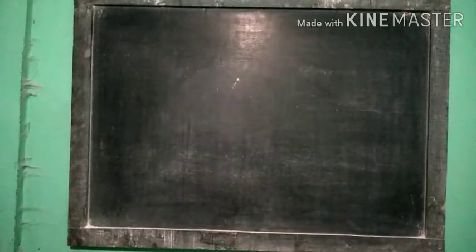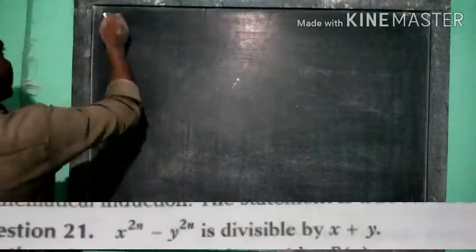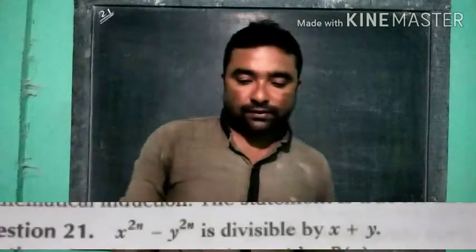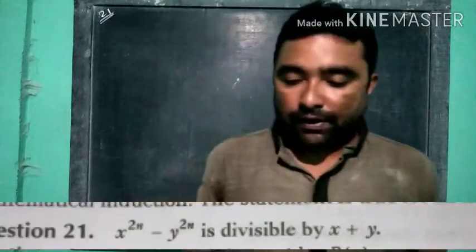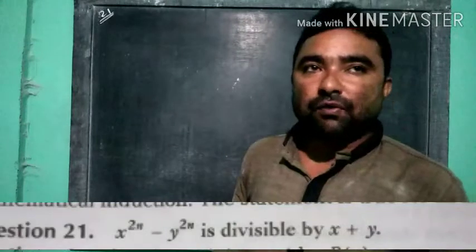Now we are going to solve question number 21. Prove that x to the power 2n minus y to the power 2n is divisible by x plus y. It is a very simple problem.